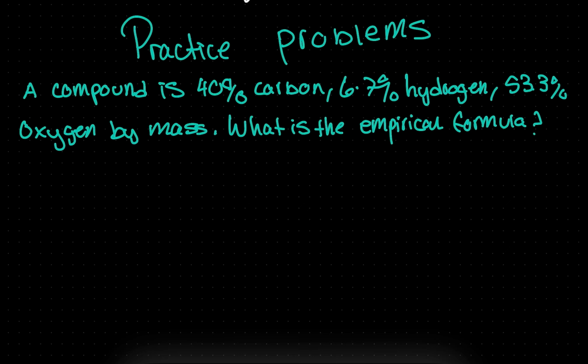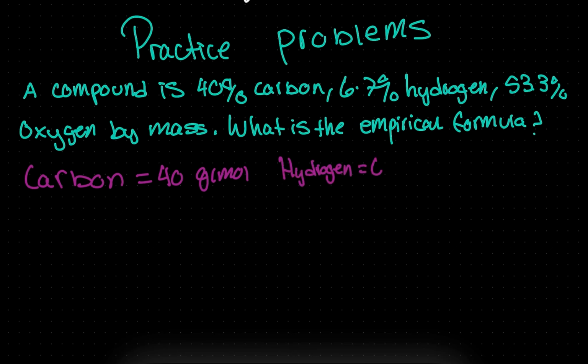So what we would do is we have to get each one. Carbon, which is 40 grams, hydrogen, which is 6.7 grams, and then oxygen, 53.3 grams.